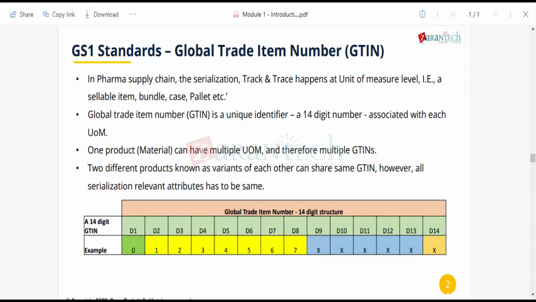This only happens when you have multiple ERP systems. So in that case, yes, GTIN can be common, but the attributes which we will discuss in later sessions should be the same. So in general, the product is the only one, maybe with different numbers in different ERP systems.